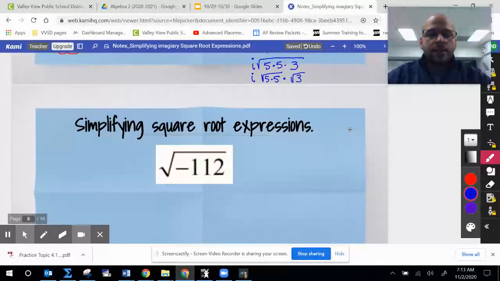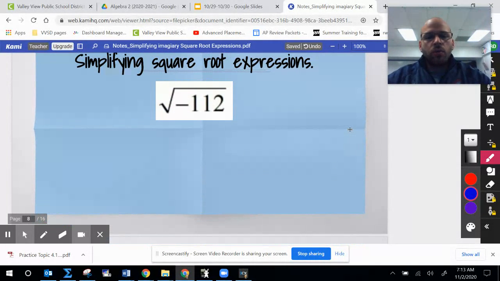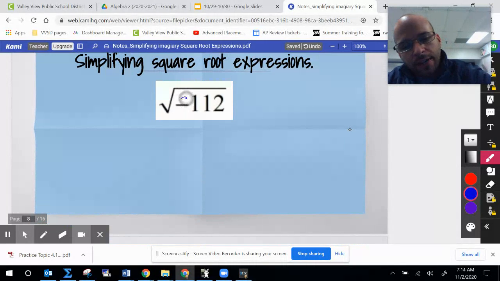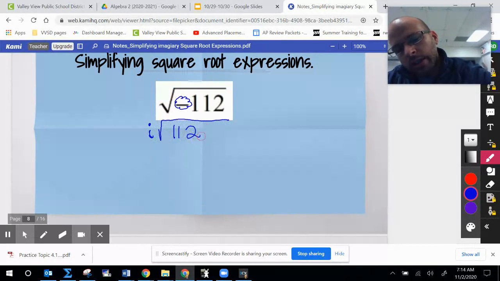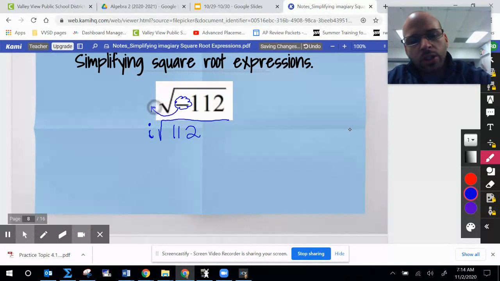So I have a few of these just to show you. When you have this negative value on the inside, I'm going to write an i and then square root of 112. Anytime you have this negative, we're just going to pull that i right out in the very beginning.